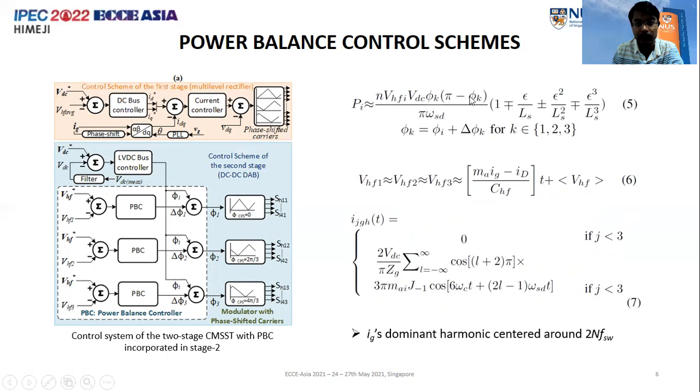So you can see even here, these correction terms for the phase shifts actually counteract these errors in the leakage inductor. And then it would mitigate the power imbalance issue and try to equalize all these DC link voltages, and the current harmonics would be dominantly seen only at 2n f_sw, or 2 into n into the switching frequency of the front end rectifier.